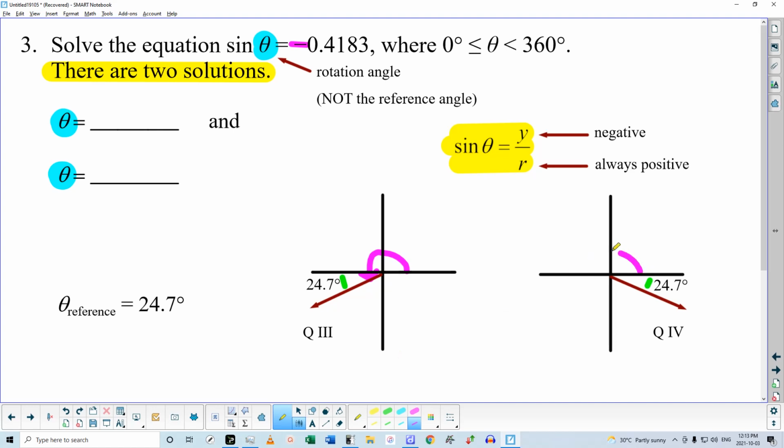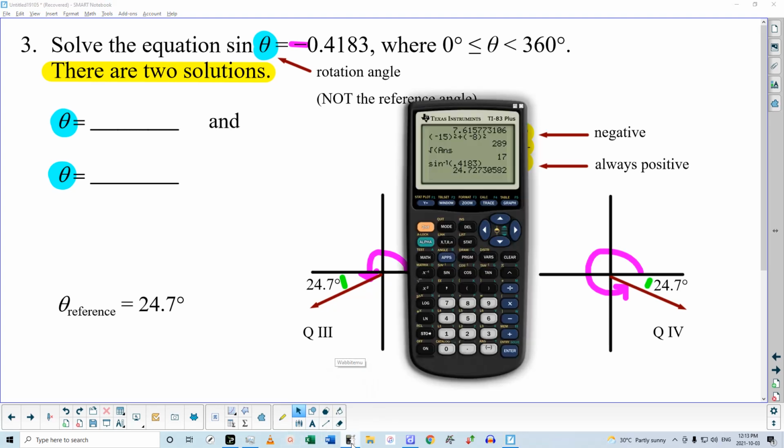And we need to determine this angle. So on, I believe, the first day of this unit, we learned that this angle over here, the one that's in pink, landing in quadrant 3, would be 180 degrees plus the reference angle, whereas this rotation angle would be 360 degrees minus the reference angle.